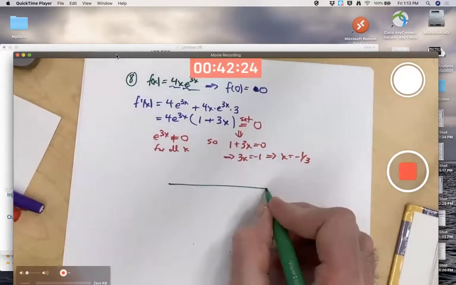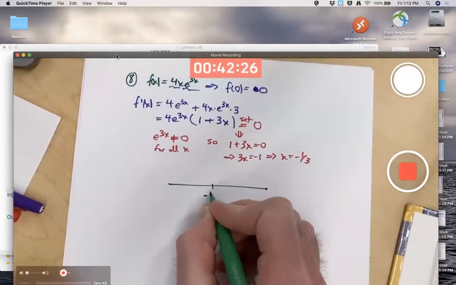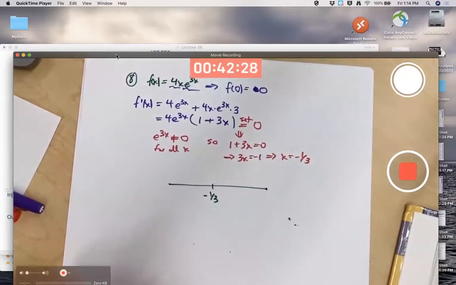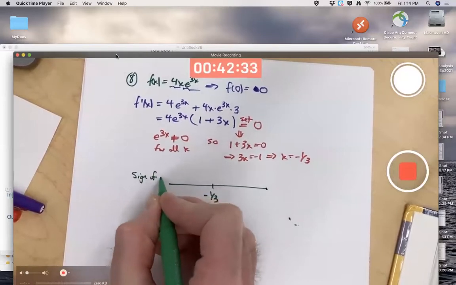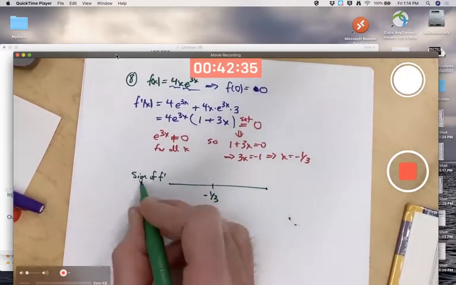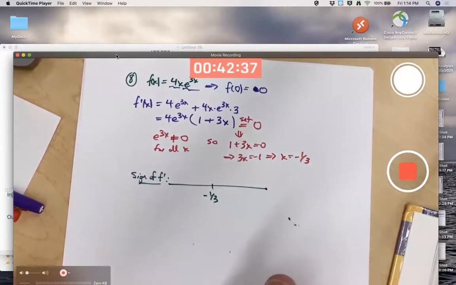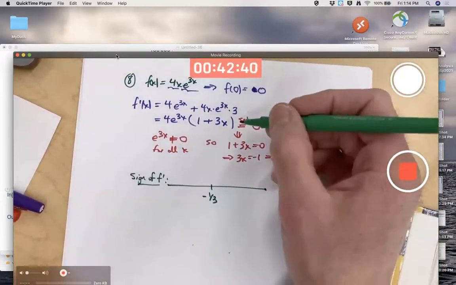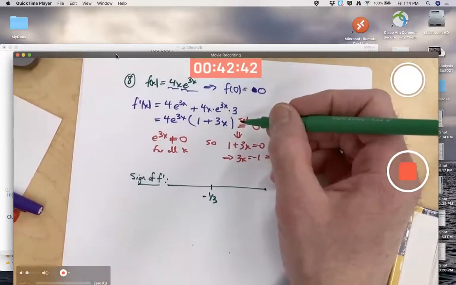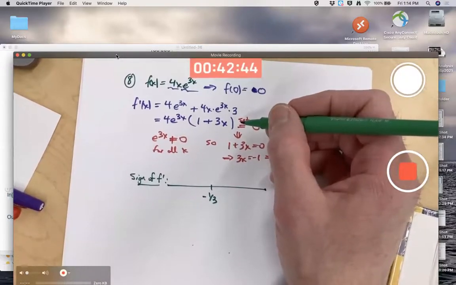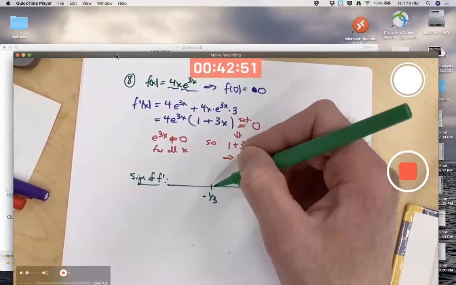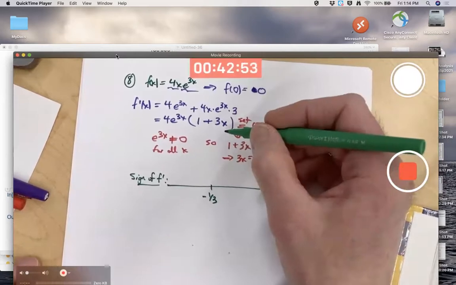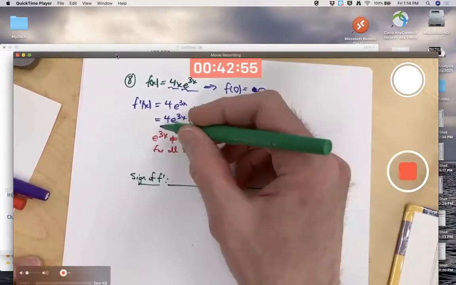Make your number line. Draw your critical points. In this case, there's only one of them. Look at the sign of f prime in each interval by testing numbers. And again, you imagine plugging numbers into the derivative here. You can literally plug them in if you want, but you don't always have to. You can just think, when I plug in a number less than negative 1/3, like negative 1, is this quantity going to be positive or negative? That's positive.